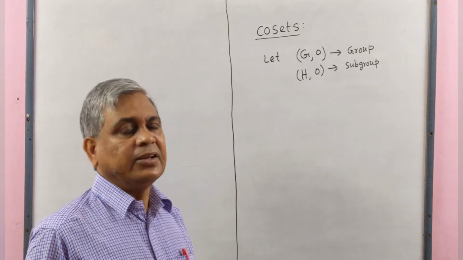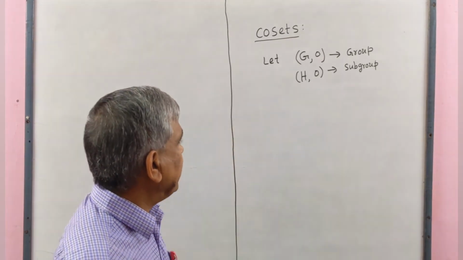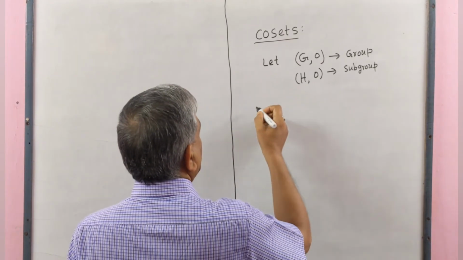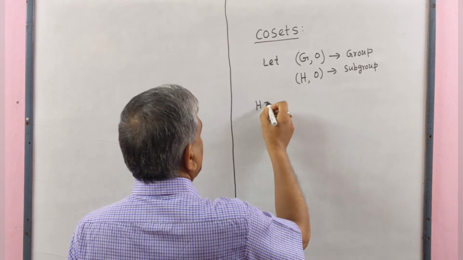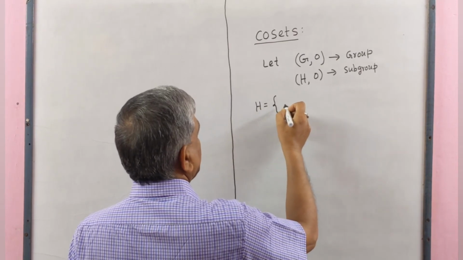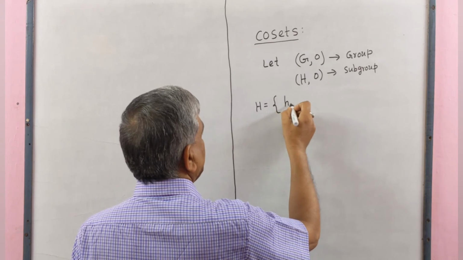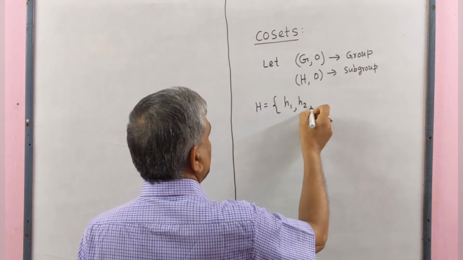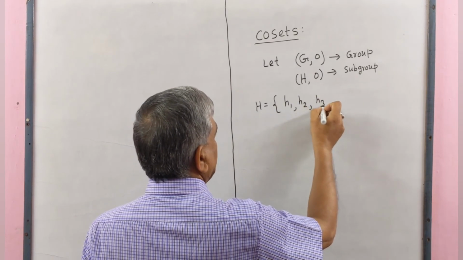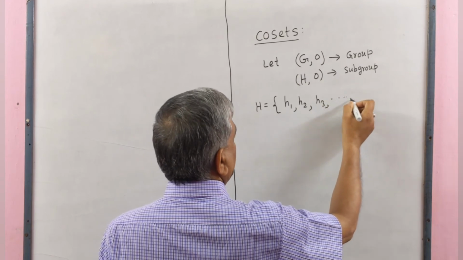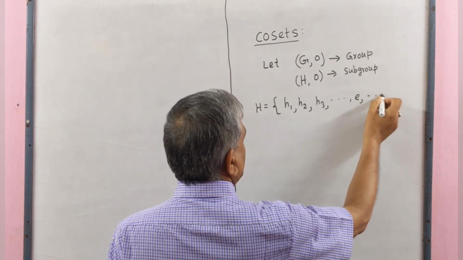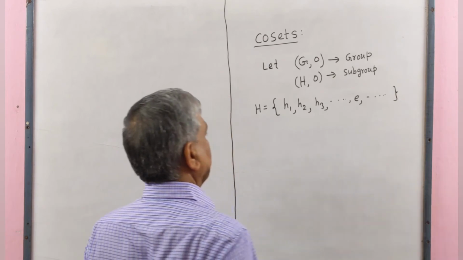We may write elements of H as H equal to a set containing elements H1, H2, H3, identity element, and so on.